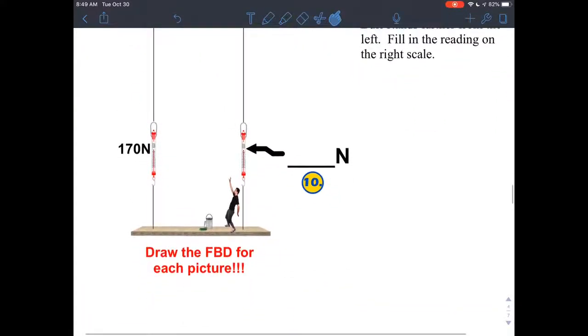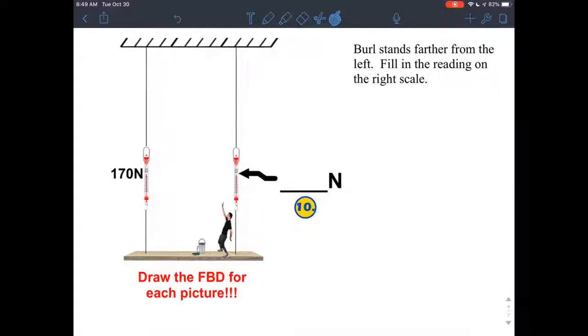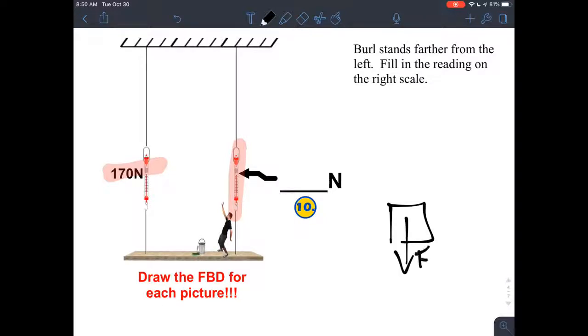Next example, Burl the painter starts distributing his weight to the right. So what we see here is that this scale decreases to 170, but remember, he is not falling here, so he still is in equilibrium. So this scale here must supply enough tension to still cancel out with his weight. His weight is still pulling down with 1,000 newtons.